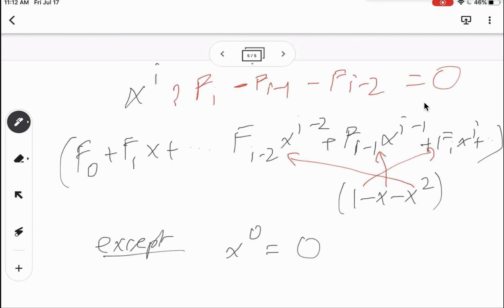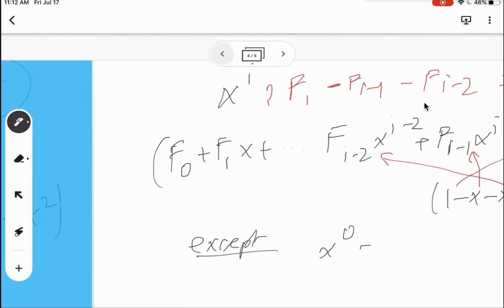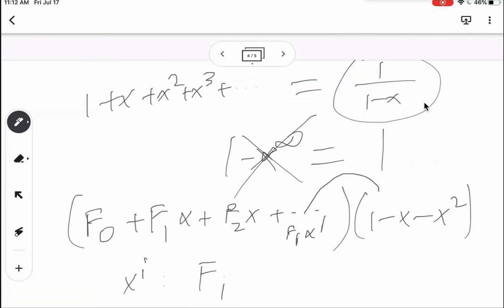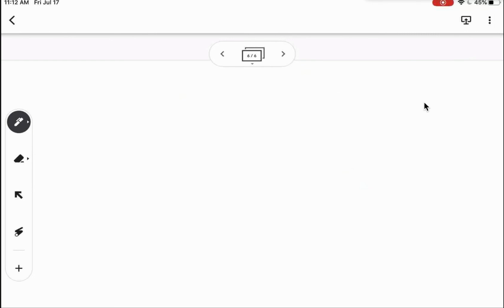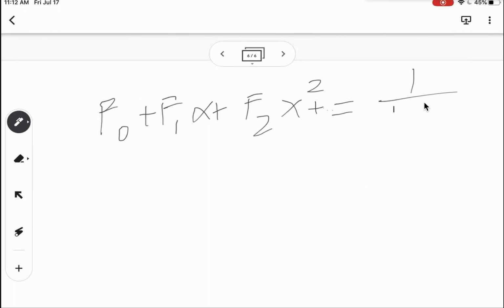So we have that this whole expression equals 1. What does this mean? This means that f0 plus f1 x plus f2 x squared to infinity equals 1 over 1 minus x minus x squared.